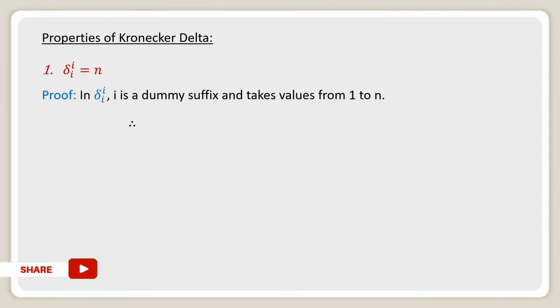Properties of Kronecker delta. The first property is delta ii is equal to n. Here i is a dummy suffix and takes values from 1 to n.